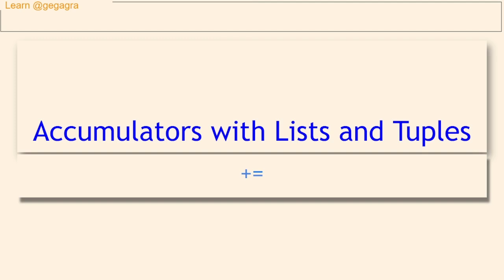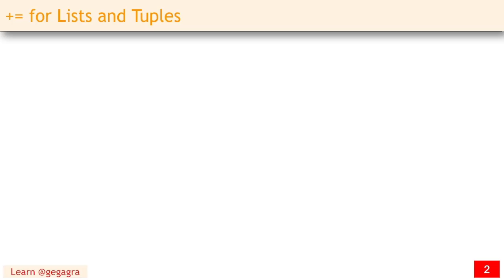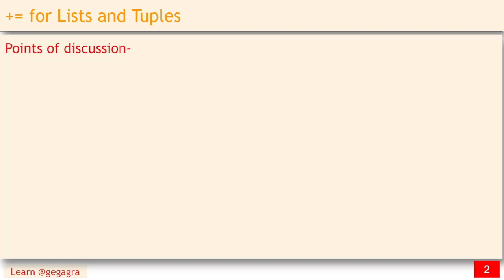So this plus equal is the accumulator, and we are applying this on tuples and lists. As you know, list and tuple, both the types are new for 11th computer science and informatics practices.